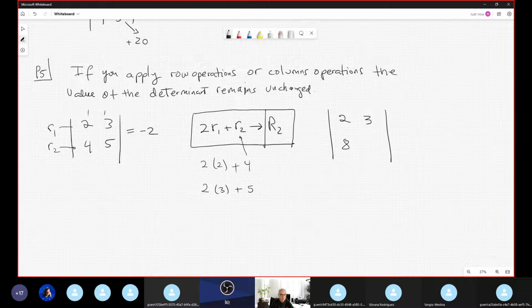So I did the first one: 2 times 2 is 4 plus 4 is 8. The second one: 2 times 3 is 6 plus 5, 11.